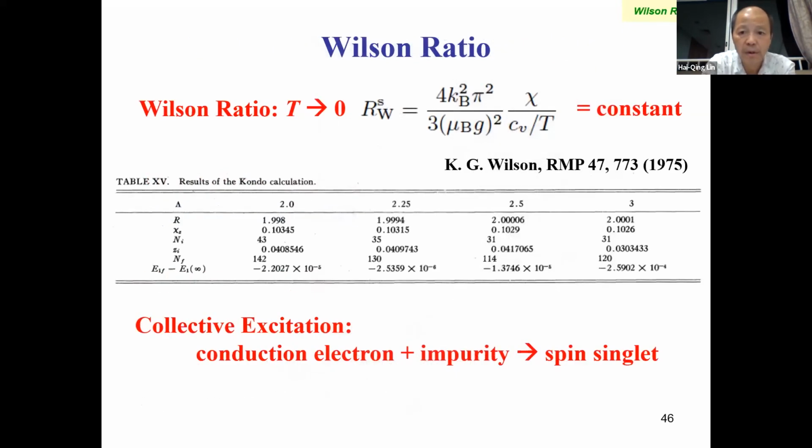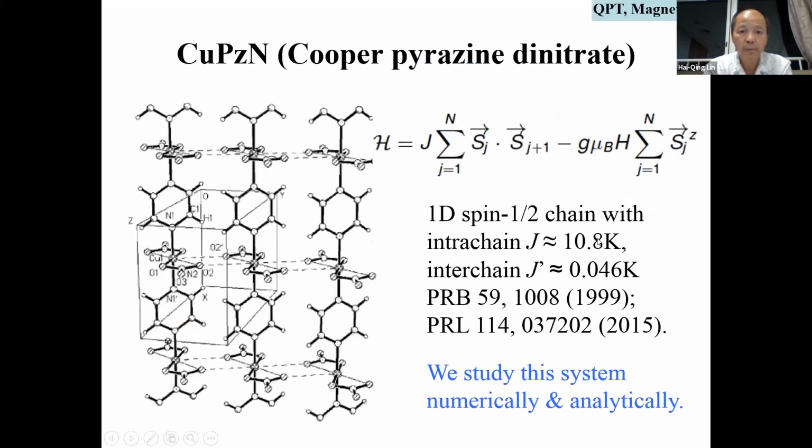In Wilson's calculation, one very important quantity, besides all the universal constants, is the magnetic susceptibility over the heat capacity divided by temperature. This quantity is the Wilson ratio. Wilson, in his renormalization group calculation, showed that at very low temperature this quantity tends to a constant, as shown in this table. You see, he is doing this renormalization, and this quantity approaches 2. And we are going to test it.